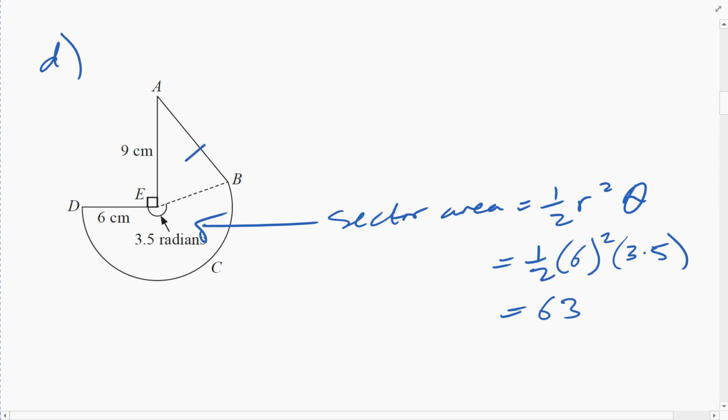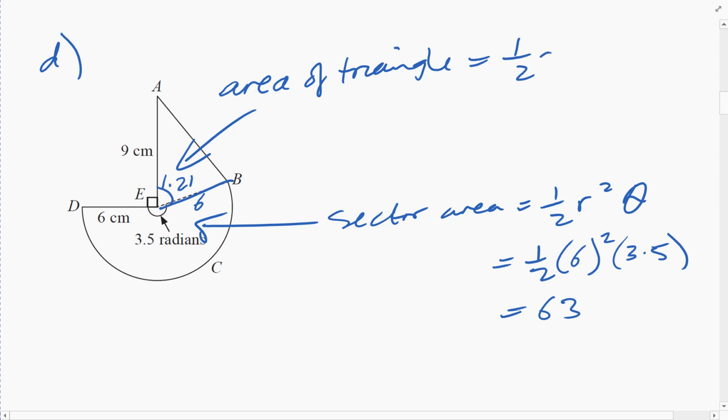And we've got to find the area of this, so the area of the triangle. We know this is 6, and we know this angle here is 1.21, so we can use a half AB sine C to find the area. So that's a half times 9 times 6 times sine 1.21.